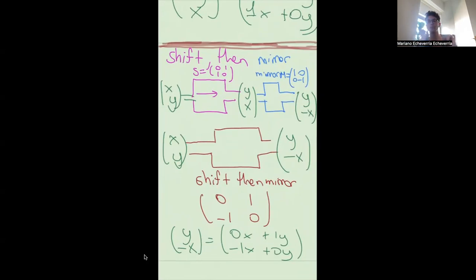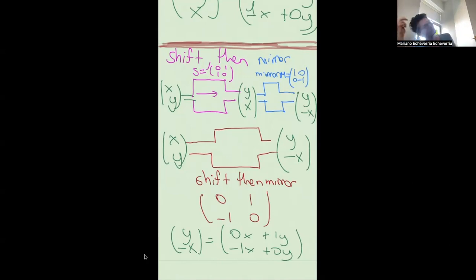The important thing is that when you have two matrices or two processes and you put one after the other, the order does matter. And that's what happens in real life most of the time. If you have an actual factory, a product being refined in a production line, you would probably care about the order in which the refinement is going. So in most things in life, order matters.